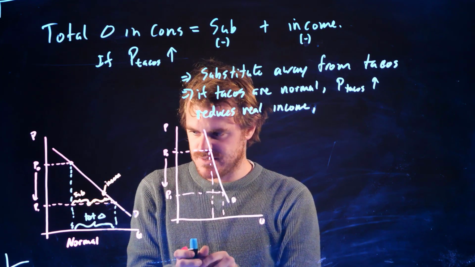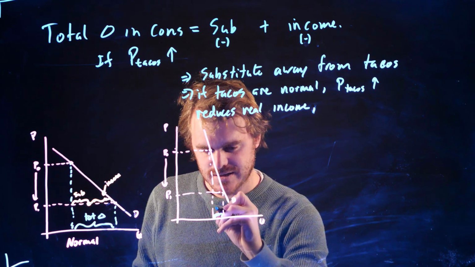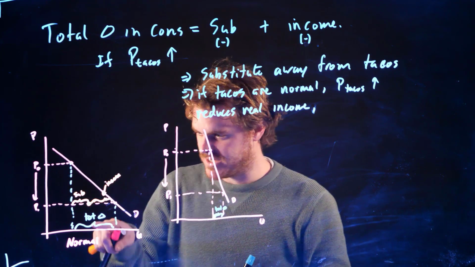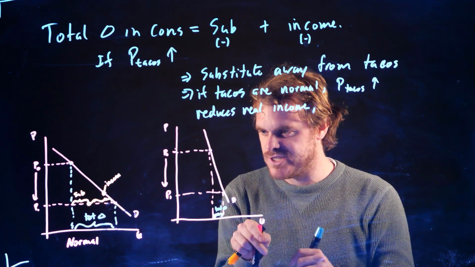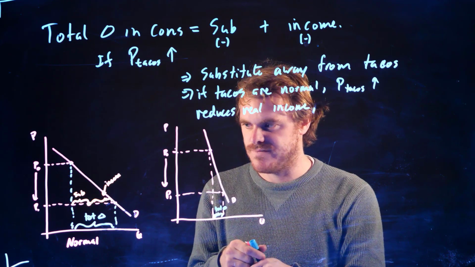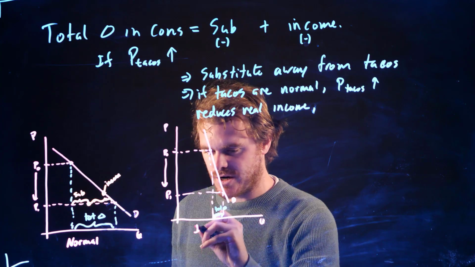So now this amount here is the total change, just like it was over here. And we're trying to decompose this total change into the income and the substitution effect. So now let's say we're looking at an inferior good.